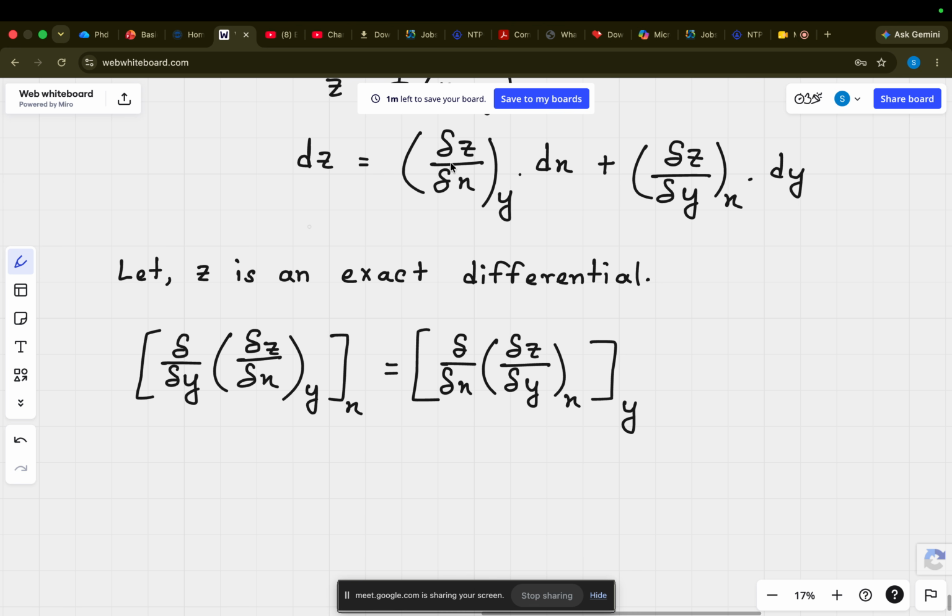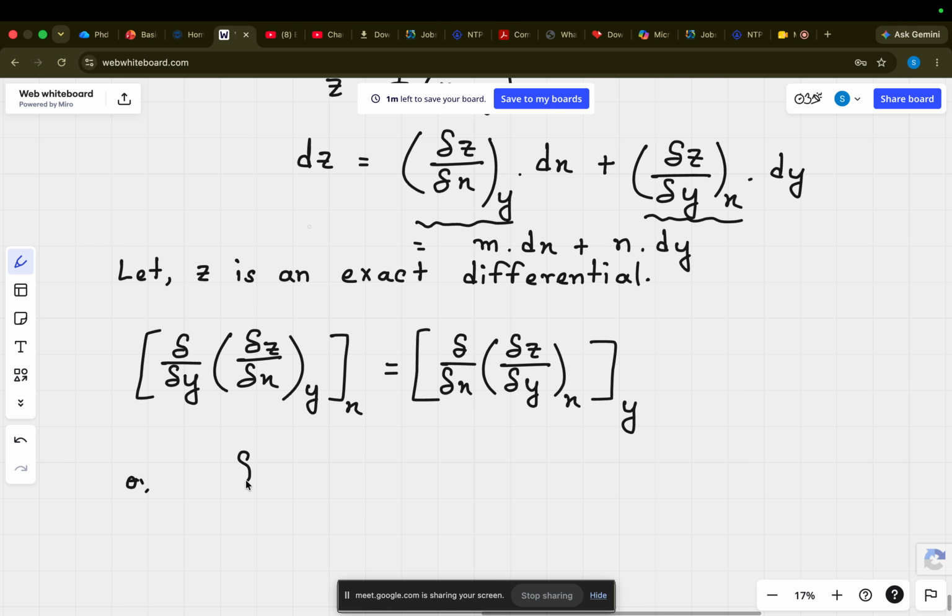Now suppose this del z by del x at constant y, I am assuming this is equal to m. So I can write m into dx. And this del z by del y at constant x, I am assuming n. So I can write n into dy. Similarly here also, del z by del x at constant y, I can put m, right?